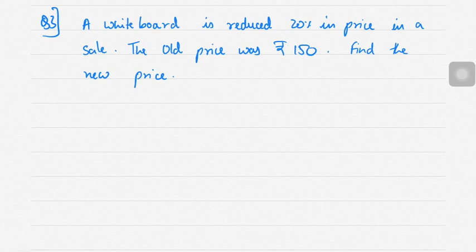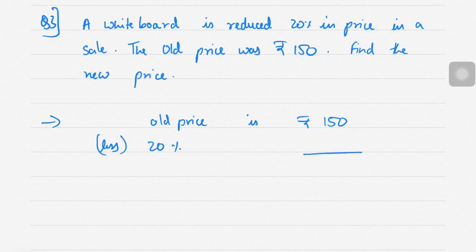Let's see the next question. Question number 3. A whiteboard is reduced 20% in price in a sale. The old price was rupees 150. Find the new price. So old price is rupees 150 less 20%, and you will get the new price.